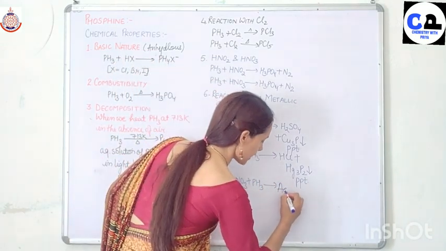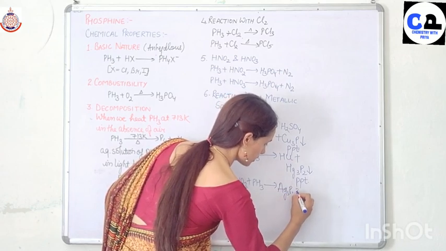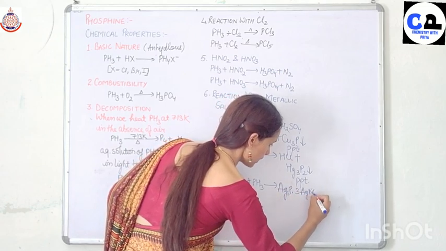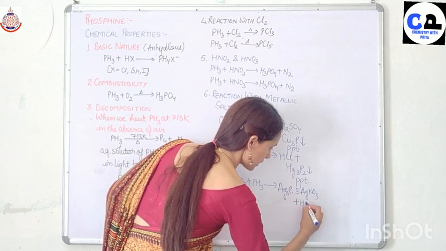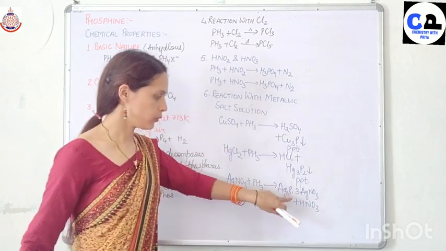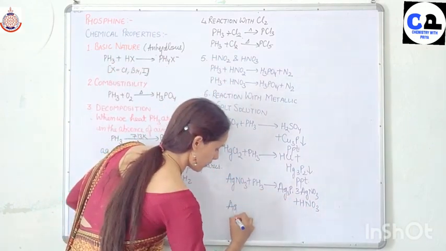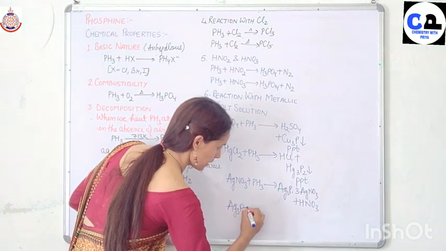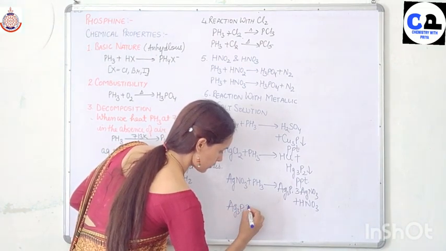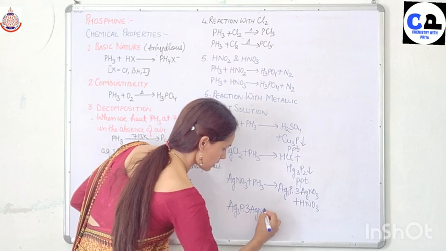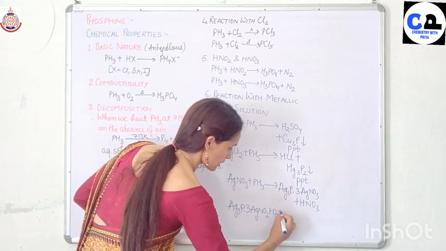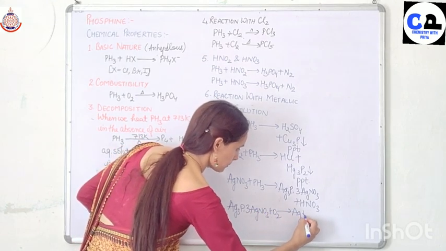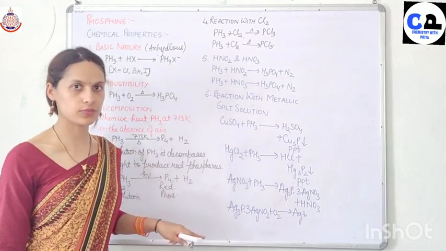But we get Ag3P·3AgNO3 plus HNO3. And when this Ag3P·3AgNO3 reacts with oxygen, it forms the precipitate of silver, not silver phosphide.